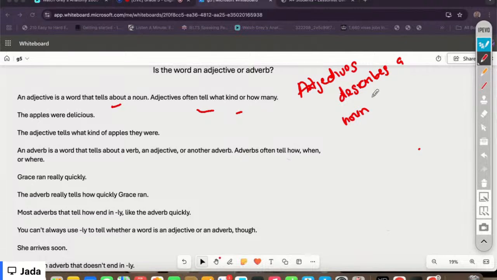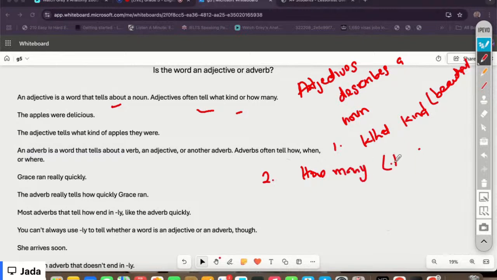How does an adjective tell us more about a noun? It tells us using what kind. What kind is like beautiful, for example. And we can also have the second one, which is how many. So how many talks about like three, few, those words that describe numbers.